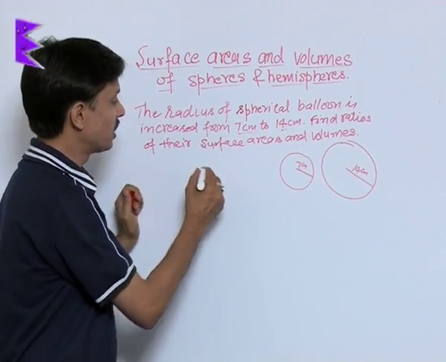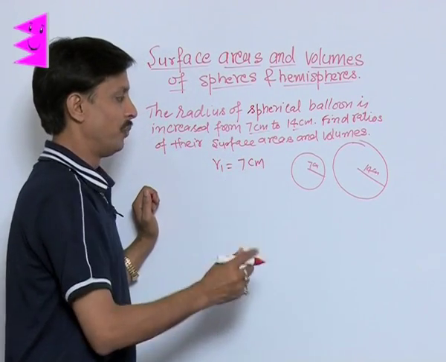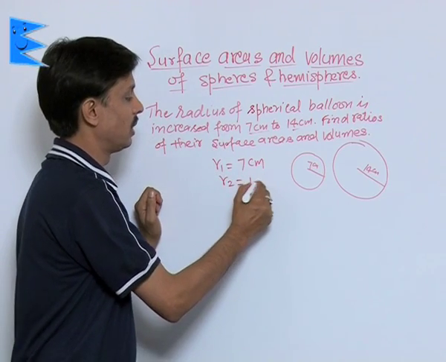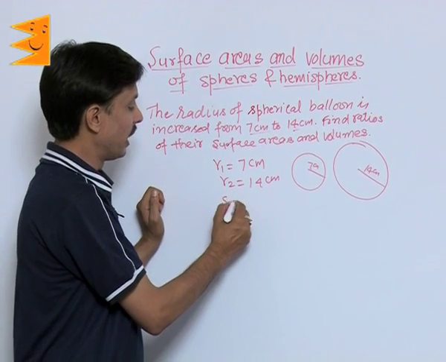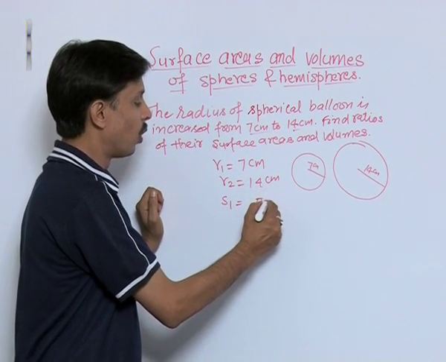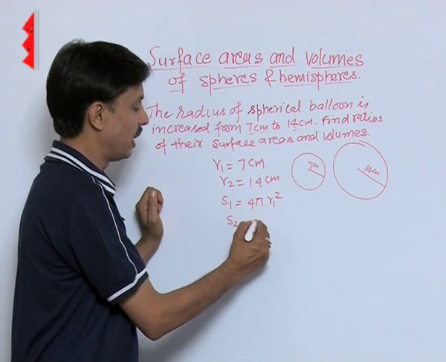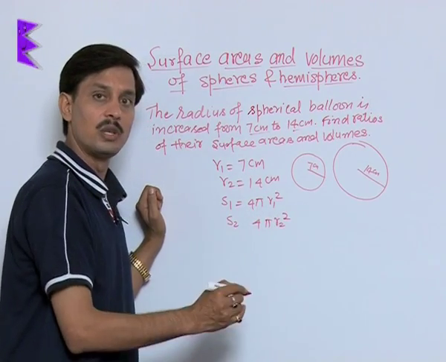So radius in the first case I am writing R1, that is 7 centimeter, and in the second case it is 14 centimeter. Surface area in the first case will be 4 pi R1 square and surface area in the second case will be 4 pi R2 square.